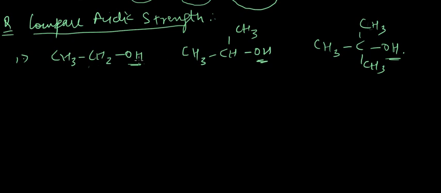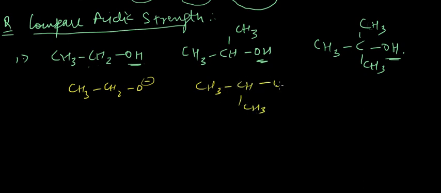So here we already have a negative charge attached in all the OH groups, O minus here. So we need to compare the stability of this negative charge on oxygen.